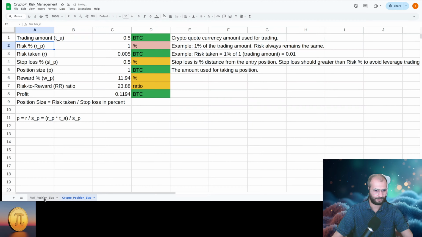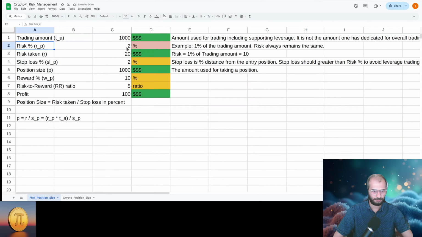And if my stop loss is 2 and my risk taken is 2, what we see here is our position size is exactly the same as our trading amount. Now if I reduce my stop loss to 1%, this will increase to 2,000.